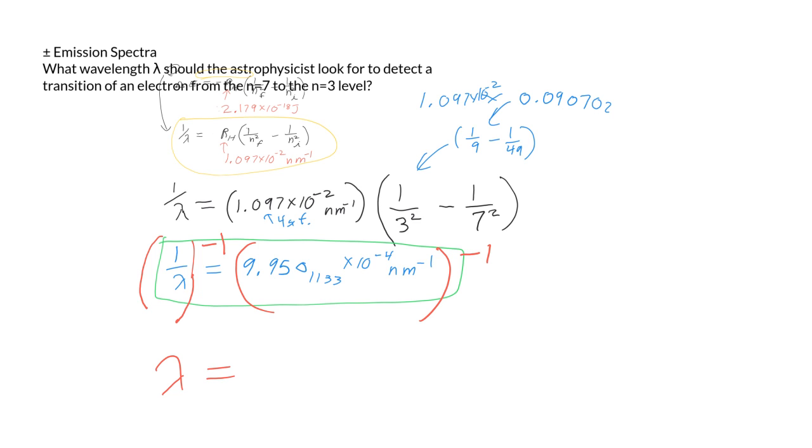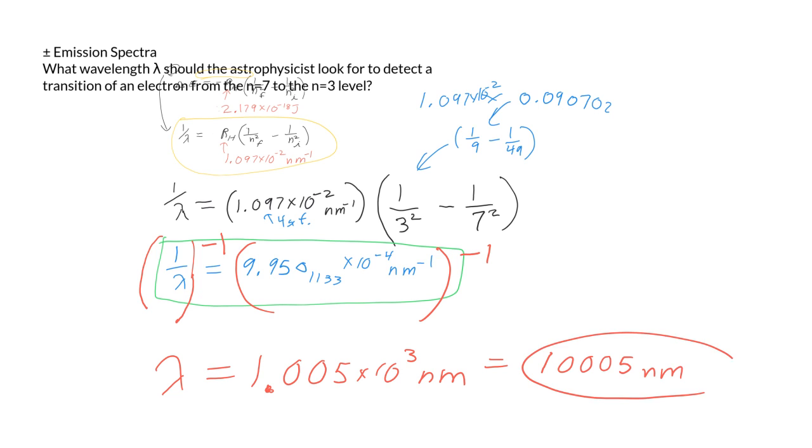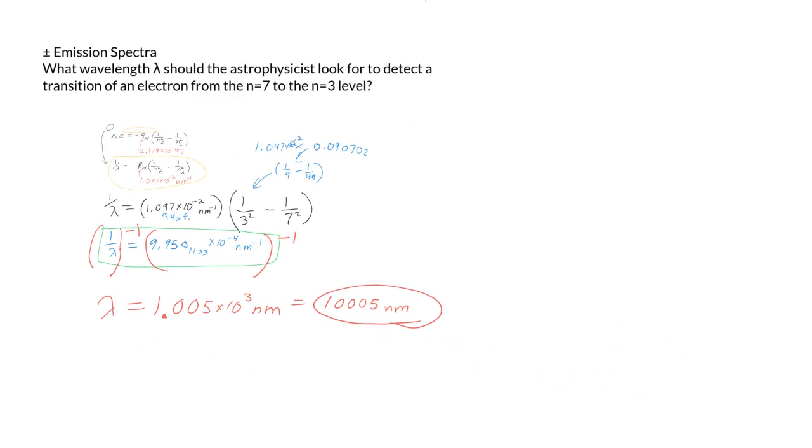And that's going to give me a wavelength value of 1.005 times 10 to the third nanometers, because we've inversed that unit. Or if you'd rather, 1,005 nanometers.